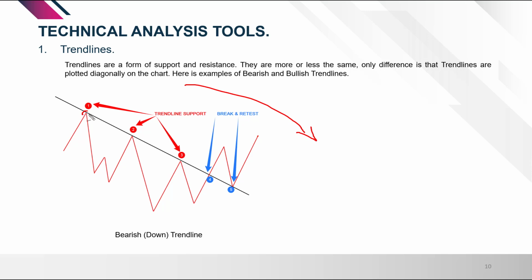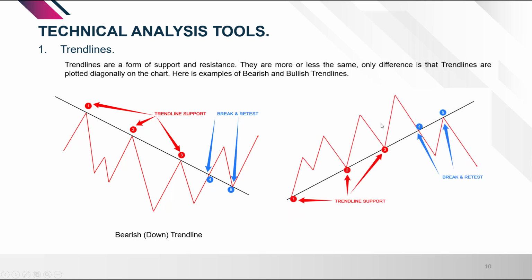Price is forming lower highs, 1, 2, and 3. Those are lower highs, and when you connect those highs together, then you've got yourself a trend line. And then eventually price will break out of that line and then retest. So this will be your entry to the upside. So this is a bearish downtrend.